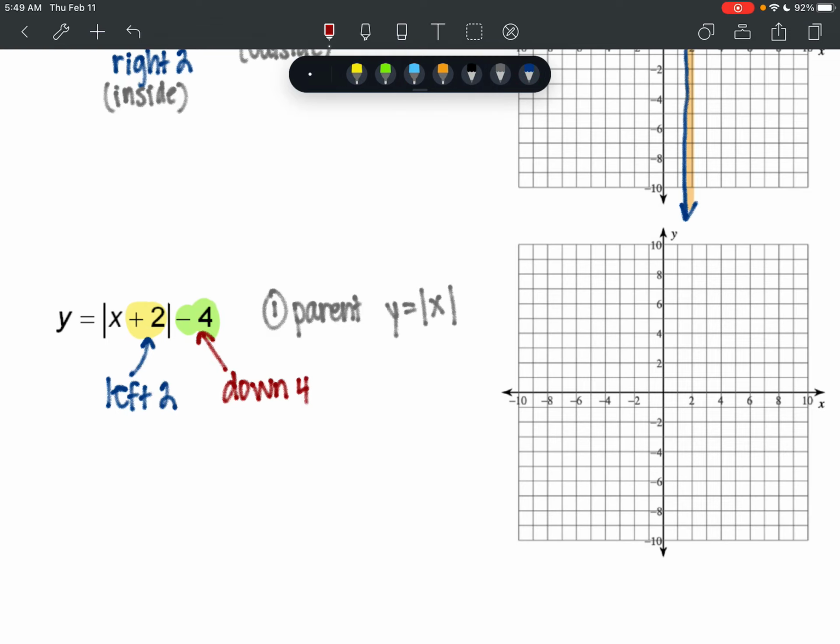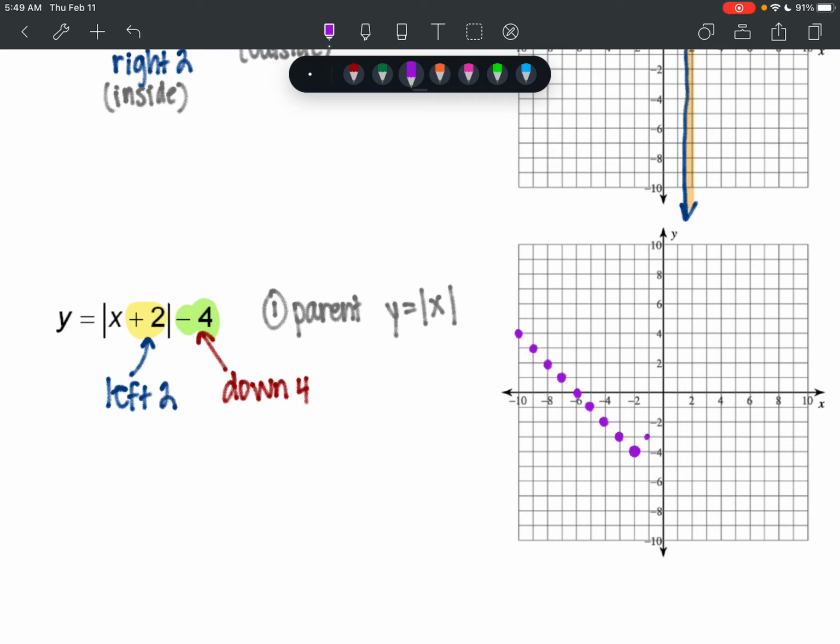So we have an idea of what this is. This is a V, normally with a vertex at the origin, but that origin is going to move left 2 and down 4. We'll put our vertex right here. This is why it's so important to be able to graph those functions and know what they look like, because from the vertex we go up 1, left 1, up 1, left 1, up 1, left 1.